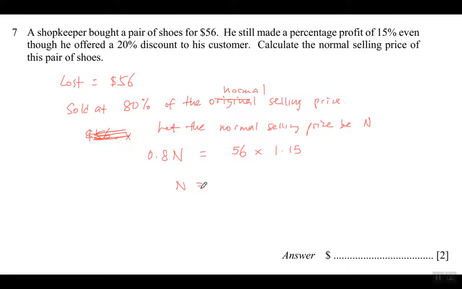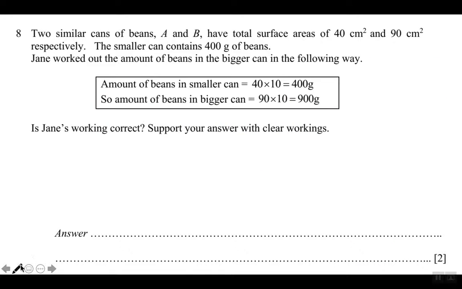Therefore N equals 56 times 1.15 divided by 0.8, which is 80.50. Okay, good. The time is 1 minute 55 seconds. Okay, stop. Next.